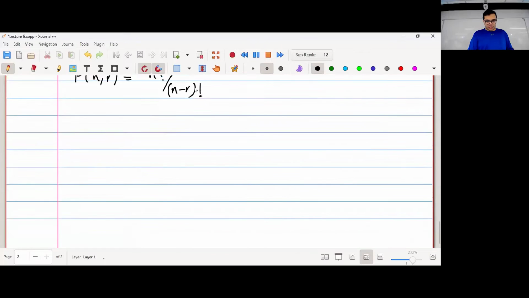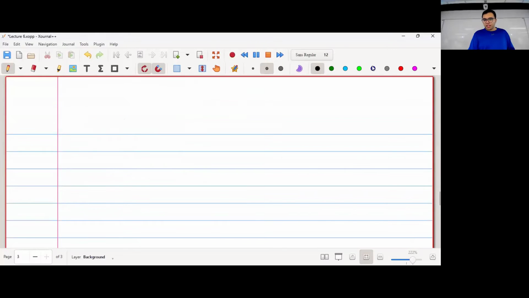So let's ask a question like this. First, let's do an example of the different one. Let's say I ask you how many permutations does each of the following words have?